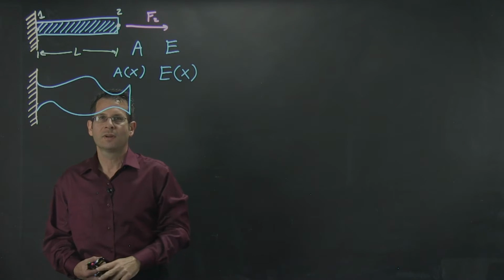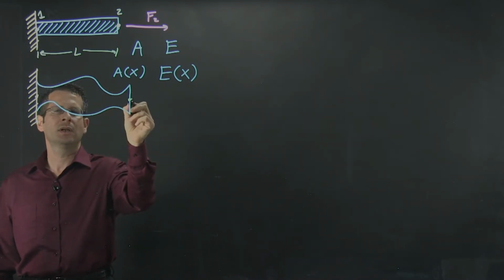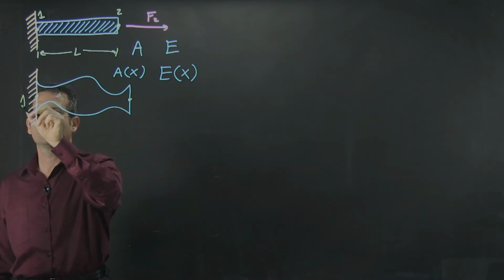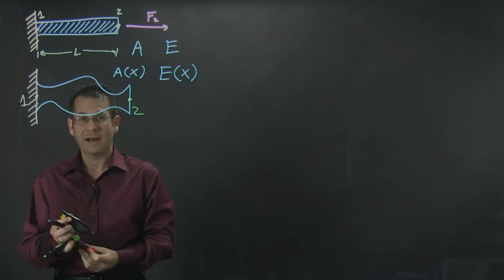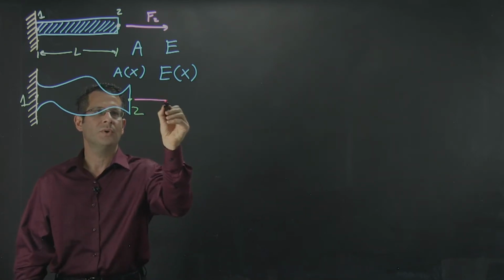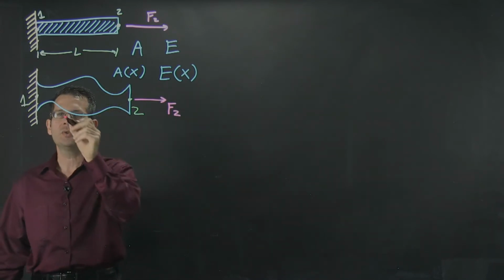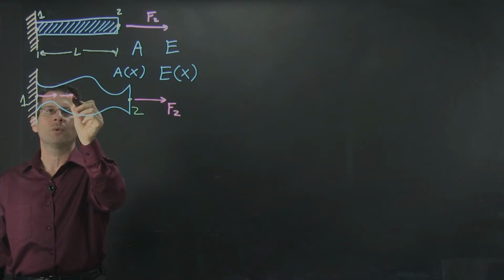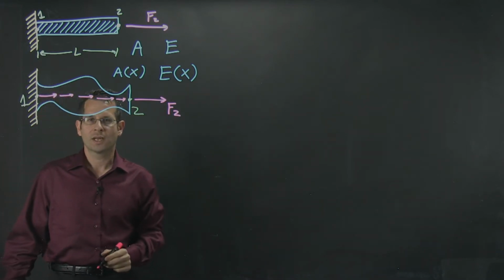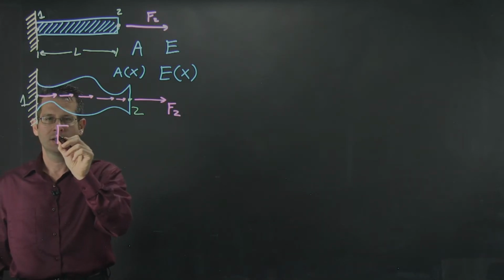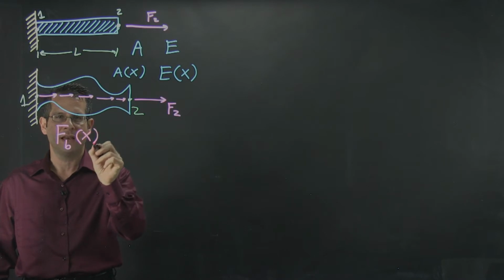And also, we're now going to start assuming that our Young's modulus can be some function of x. Furthermore, we're no longer going to assume that forces can only be applied at the endpoints or at the nodes of our bar element, but that there can also be some body force or traction, some function f_b of x.